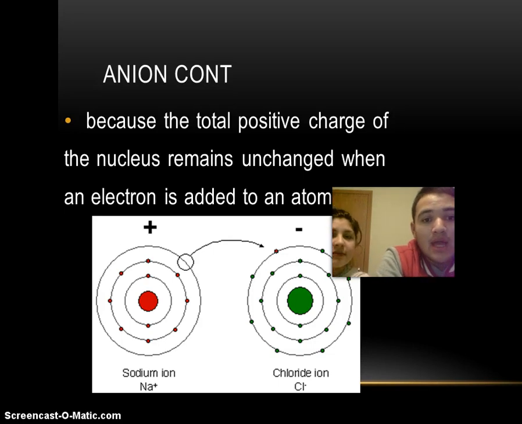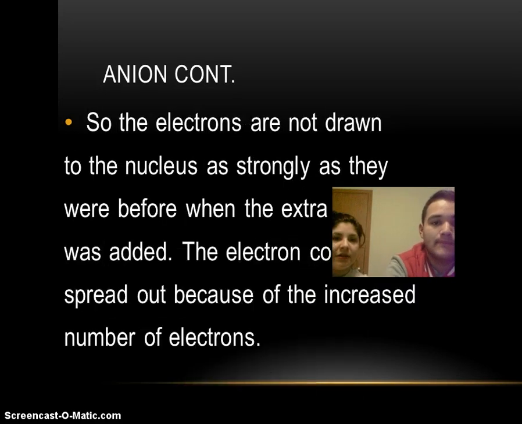The chloride changes and sodium does not because it's closer to the nucleus. So the electrons are not drawn to the nucleus as strongly as before when the extra electron was added. The electrons could also spread out because of the increased number of electrons.